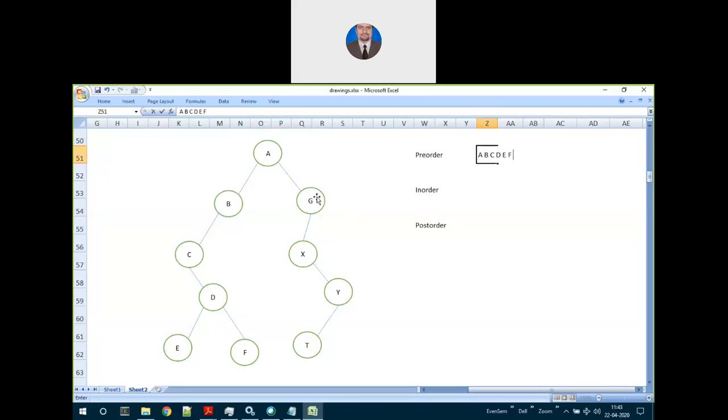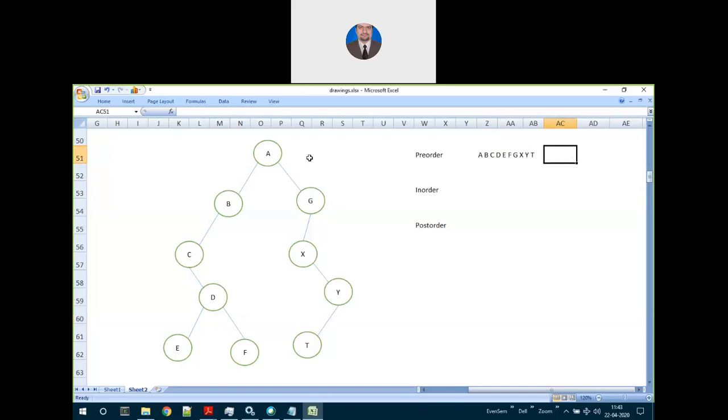Next G. Next X. Next Y. Next T. Okay. Now let us see whether this particular traversal is correct or wrong.